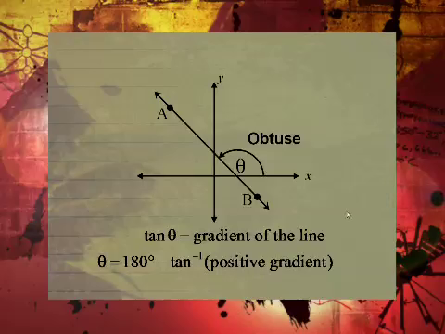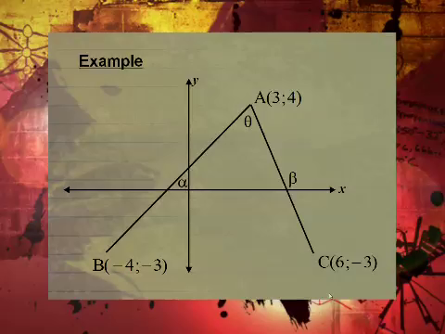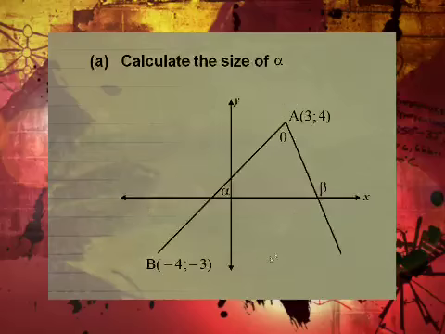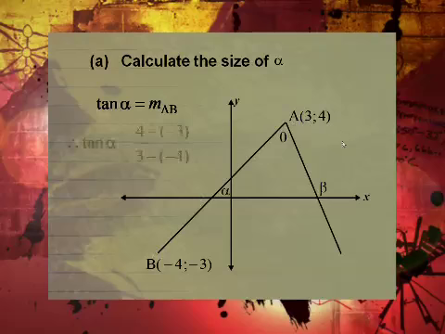Okay, here we go. Now look at an example. We want to find the sizes of all those angles. What do we know? For this angle alpha, the tan of alpha is the gradient of AB. How do we get the gradient of AB?